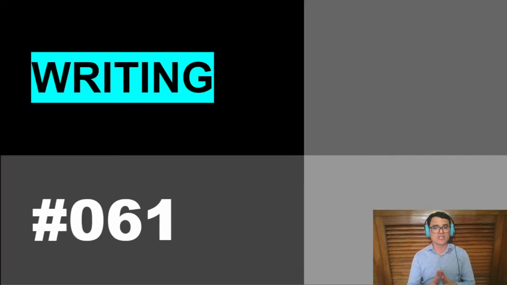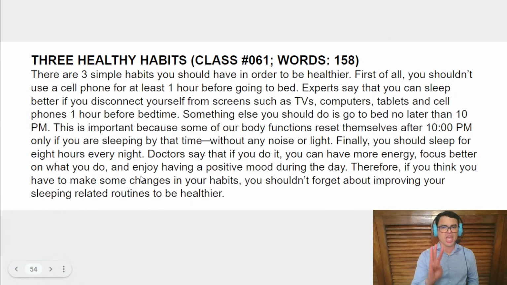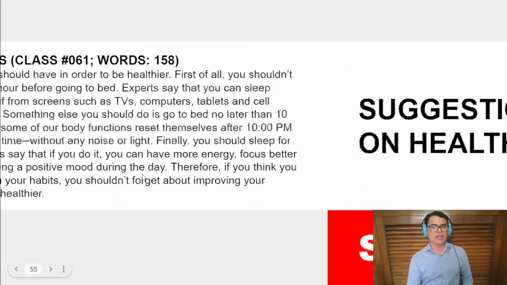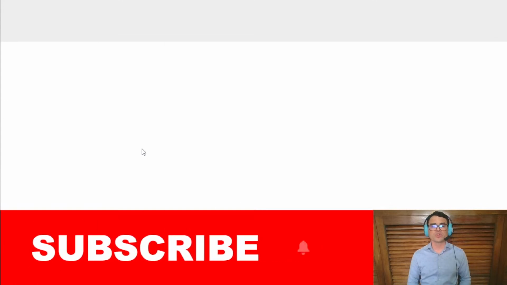Welcome to this writing class. My name is Antonio Galimberti, and this is class number 61. Today we are writing a paragraph about 3 healthy habits. This paragraph has 158 words. It's about suggestions on health, and the grammar that we will review is the following.